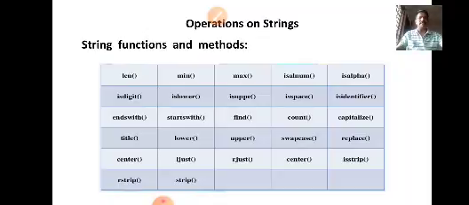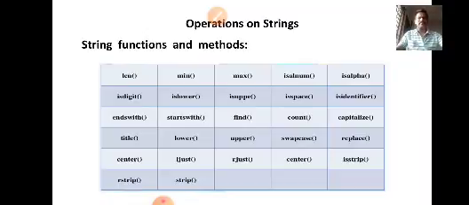isidentifier, endswith, startswith, find, count, capitalize. Capitalize converts the starting character to a capital letter. Title, lower, upper. Swapcase means interchanging of two cases. Replace is similar to find and replace. Center, ljust, rjust are left justification and right justification.